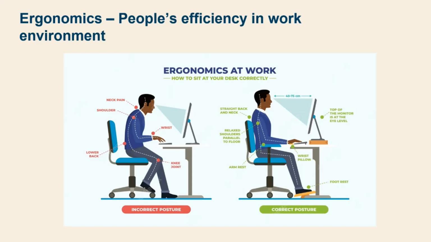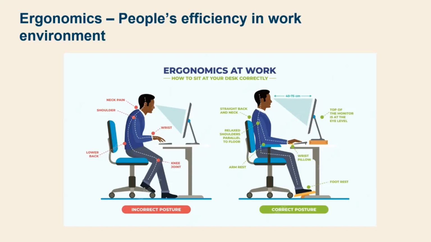We need to be very careful, because we sit on a chair for a long time. Because of that, we need to pay attention to ergonomics before we purchase any chairs or any furniture for our offices. We want to make sure that we get the best ergonomically fit furniture for our workplace, because otherwise there will be a lot of issues like neck pains, shoulder pains, wrist pains, and lower back pains because of the furniture.